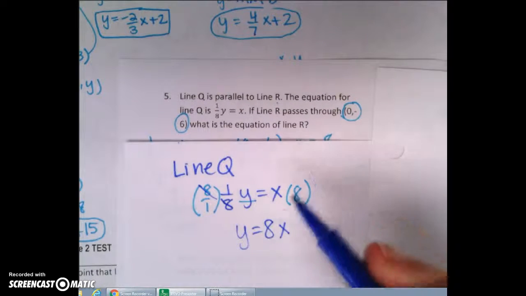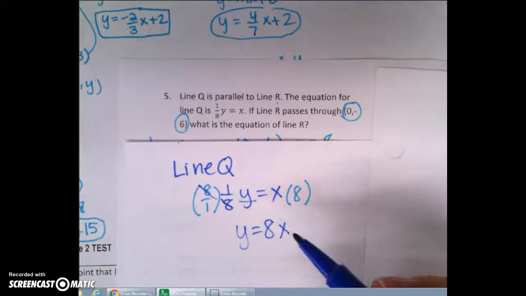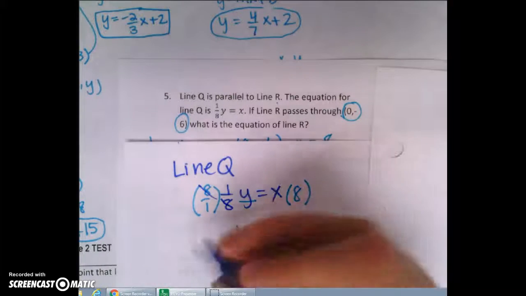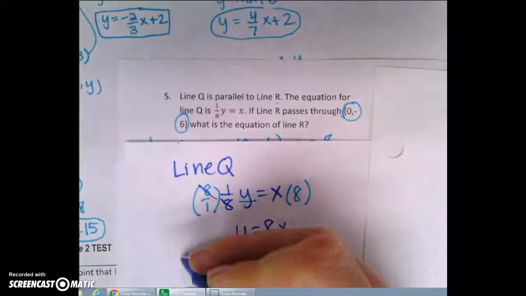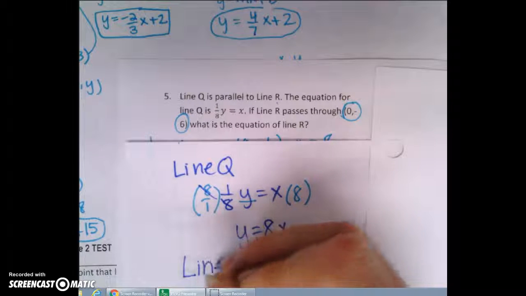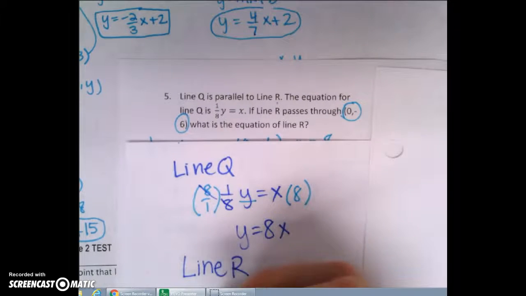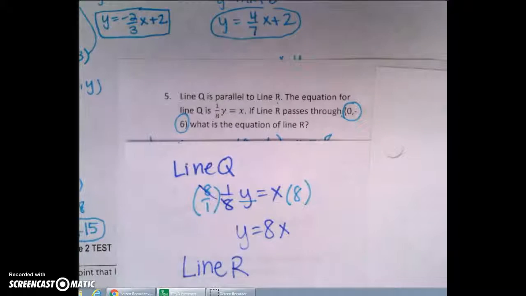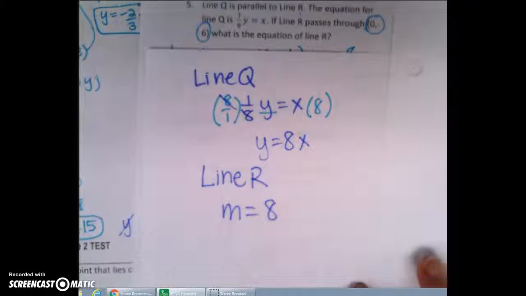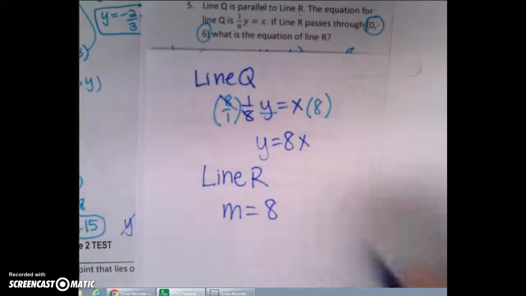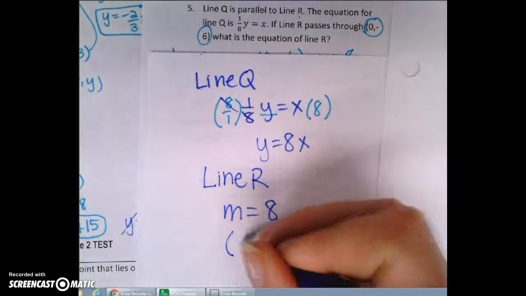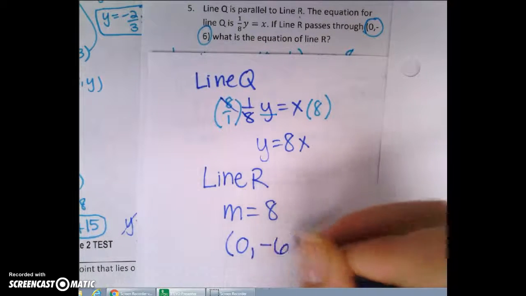Hey, what do you know about parallel lines? That's right, parallel lines have the same slope. So I know that my new line that they're asking us about, line R, has a slope of 8. It's an increasing line. It's a positive slope. And intersects the coordinate 0, -6.